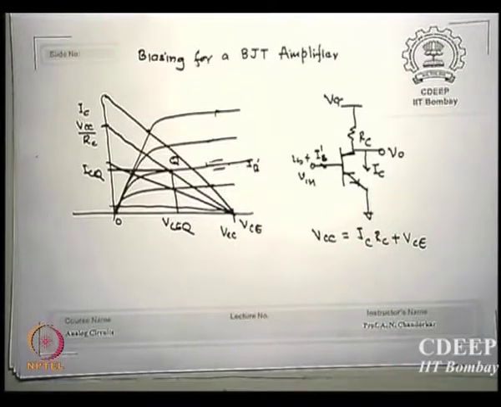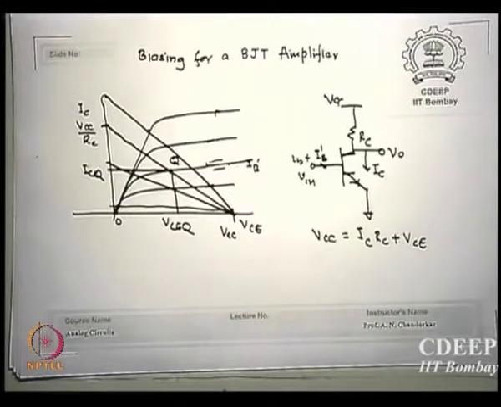Once these DC values are fixed, we can do small signal analysis. What do we do then? We can calculate gm, r-pi, every value required. Once I know my DC values, I have everything on my platter to evaluate the small signal values, and therefore small signal gains and whatever else we want.